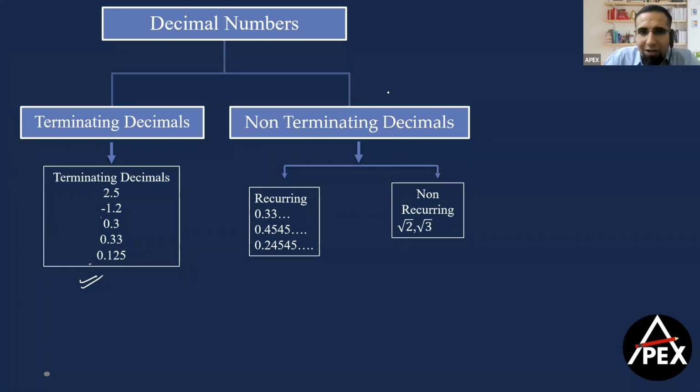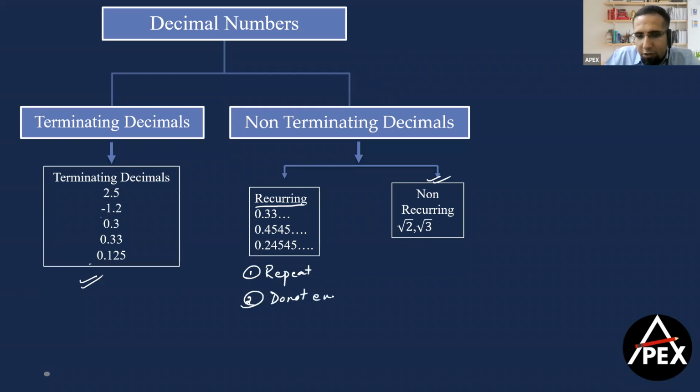Similarly, when I talk about non-terminating, there are two types. One is the recurring decimals. Recurring means the number keeps on repeating and does not end at all. The other ones are non-recurring numbers, which do not repeat. So recurring numbers have a repetition trend. They repeat and they do not end.